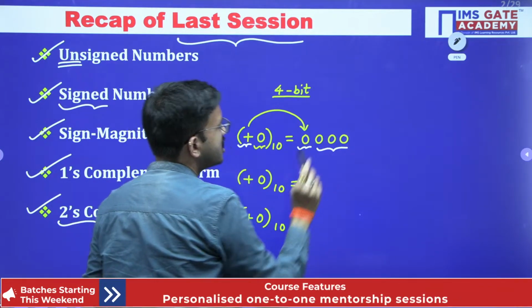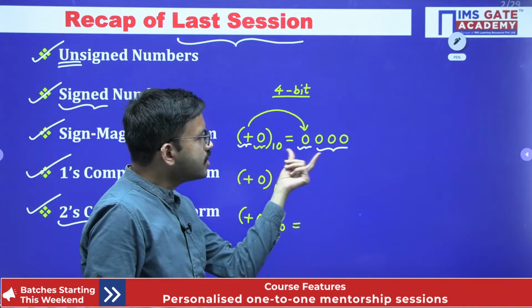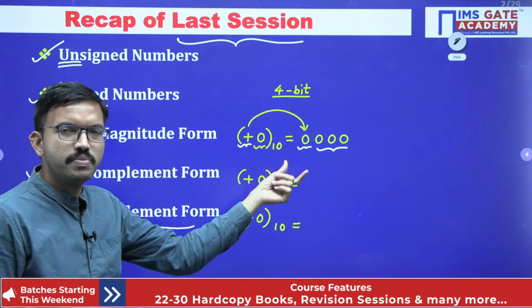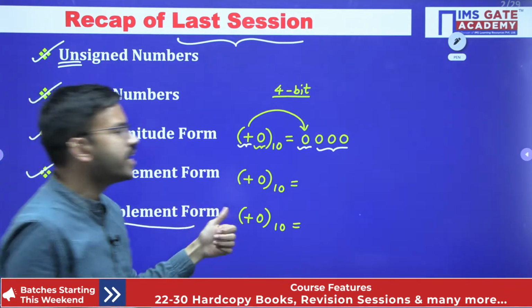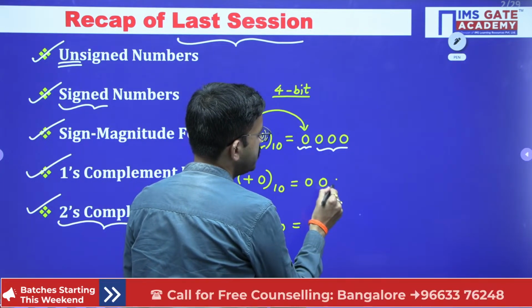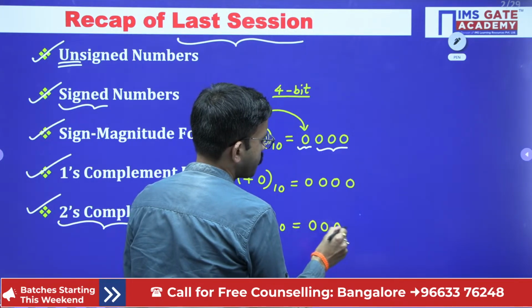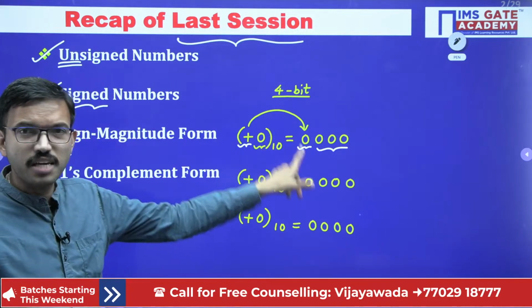Whatever representation you get, 4 zeros for plus 0, the same representation is applicable in 1's complement form and 2's complement form. We already covered this in the last class. So simply you can represent 4 zeros. The representation of a positive number is the same in all 3 forms.